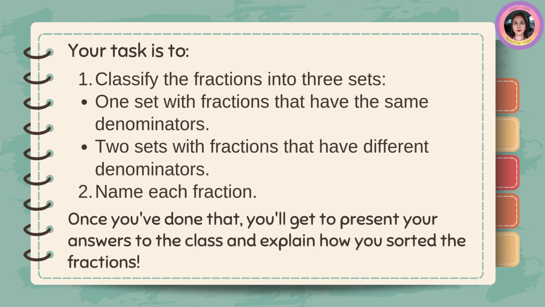Your task is to classify the fractions into 3 sets. One set with fractions that have the same denominators, and 2 sets with fractions that have different denominators. And then name each fraction. Once you've done that, you'll get to present your answers to the class and explain how you sorted the fractions.